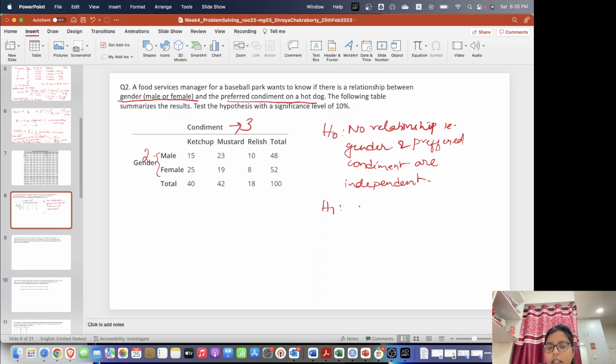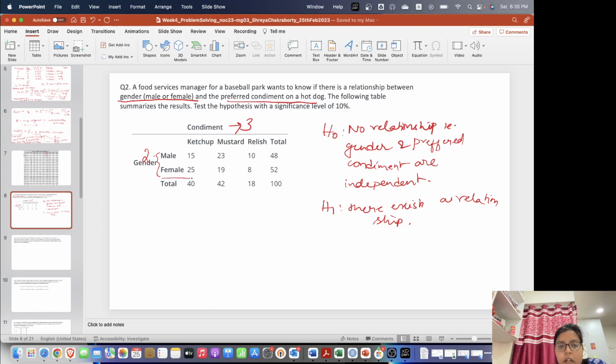And my alternative is that there exists a relationship. So this is the test of independence. So how are we going to do it?